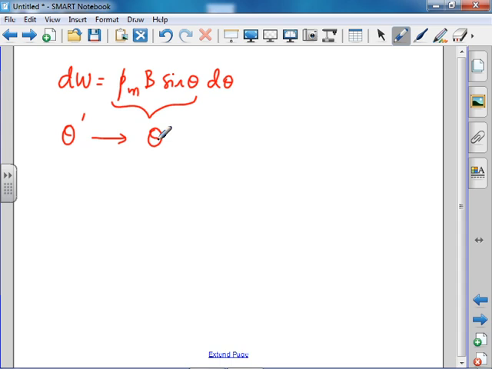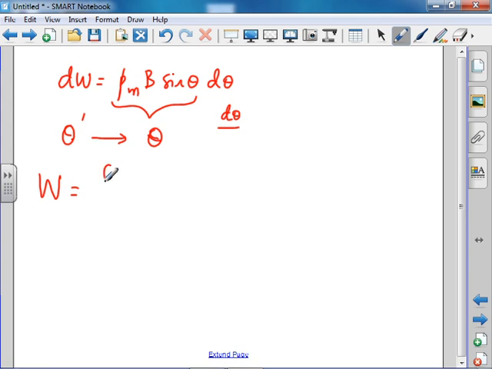The work done we mentioned before is for a small angular displacement d theta. But to move the bar magnet from the angle theta dash to the angle theta, what is the work done? So we have to use the integration method.